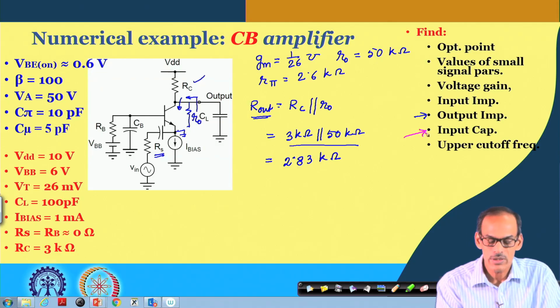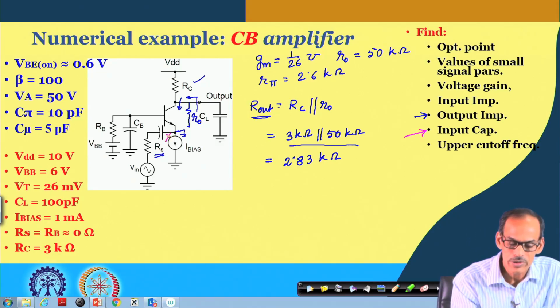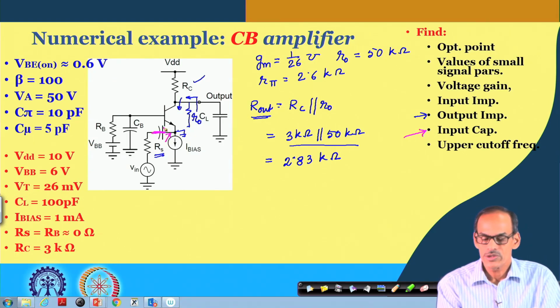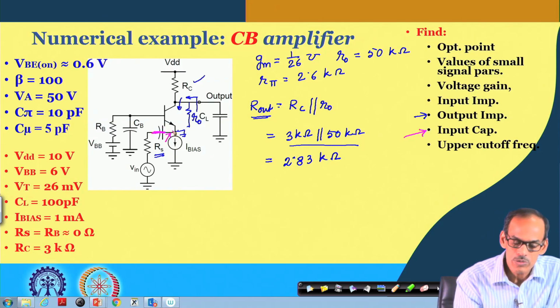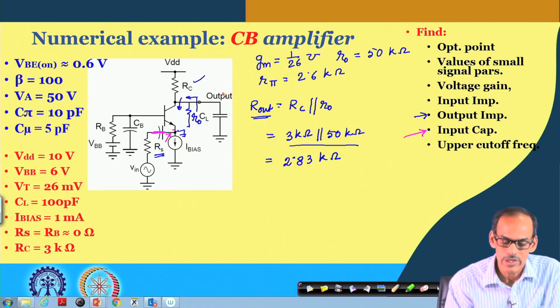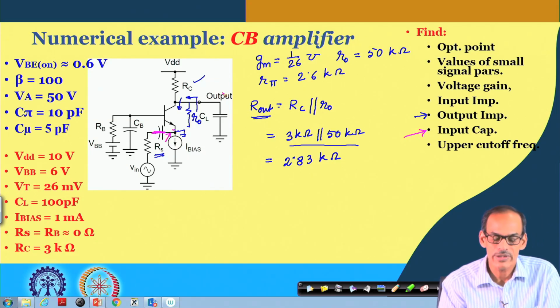So, if you see the capacitance at this node for the signal, of course, this signal coupling capacitor is quite large. Whenever we are talking about input capacitance, it is coming from the emitter to the AC ground node that we are considering, that is the net capacitance.